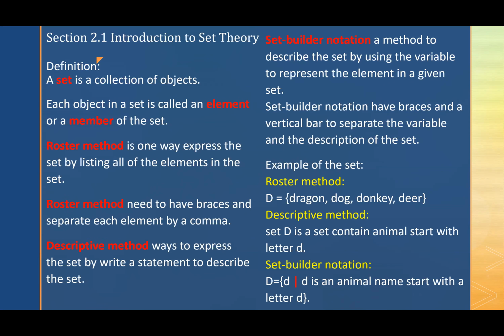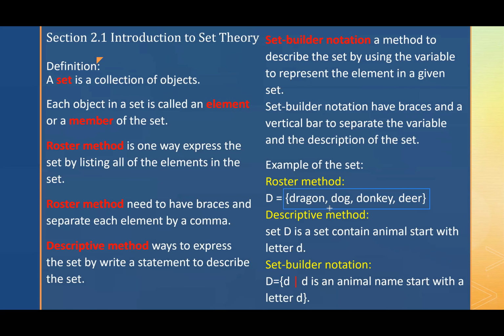Right. So again, looking at this, as you can see, this is your roster method right here, which is basically you just list your items out, and whatever you list, you have to separate them by a comma.